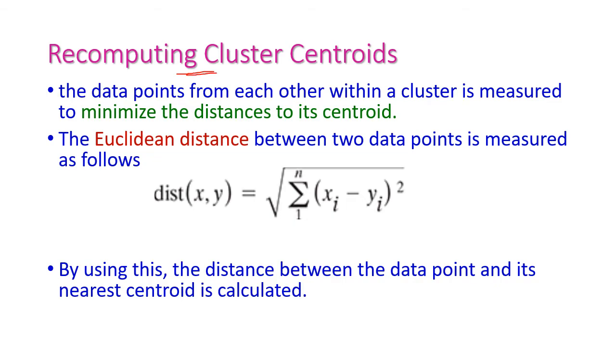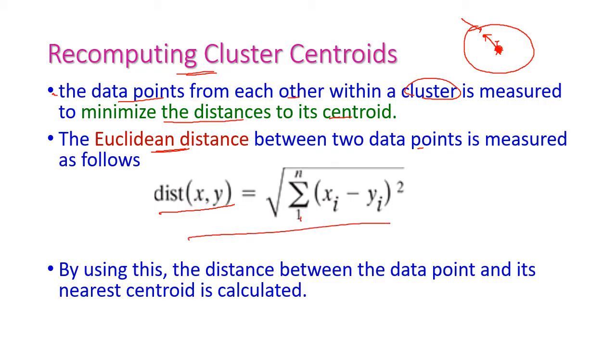Recomputing the cluster centroid. The distance of the data points from each other within the cluster is measured to minimize the distance to the centroid. That is, if a new data point enters the cluster, and for example this is the centroid of this cluster, this distance should be measured, and accordingly the centroid will be reassigned. For this we can use the Euclidean distance. The Euclidean distance between two data points x and y is equal to the square root of the summation of i equal to 1 to n of (xi minus yi) whole square.